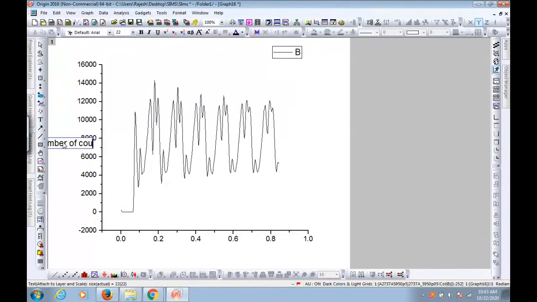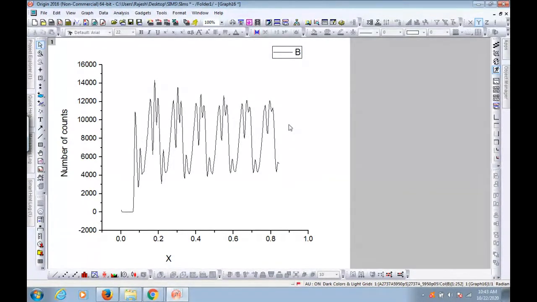And along the x-axis, you have the value of x, the depth. So this is the SIMS data.